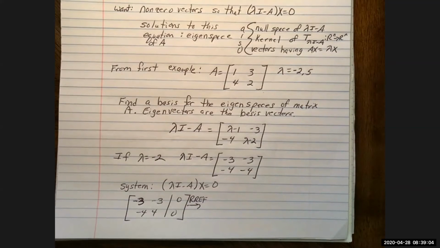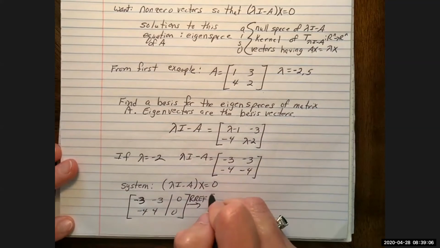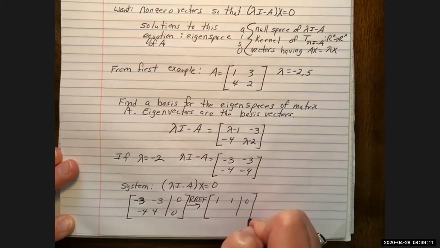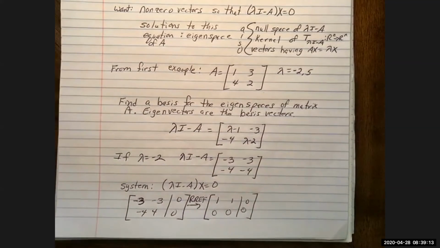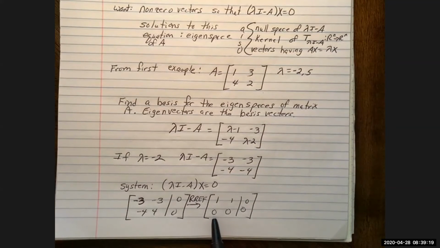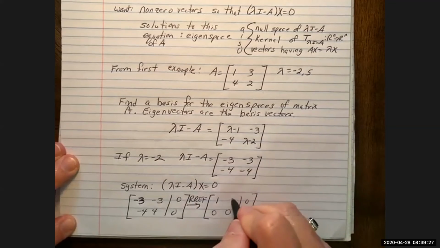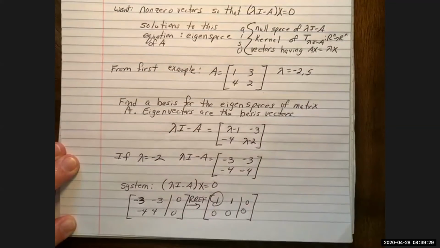And if we put that in reduced row echelon form, what you get is 1, 1, 0, 0, 0, 0. Now remember, we're trying to find non-trivial solutions, so you should have at least one row of zeros every time. If you don't, you've done something wrong. Okay, lead variable is x1.